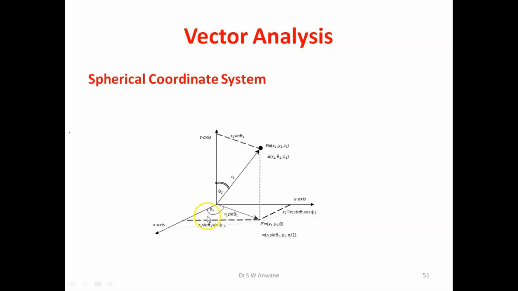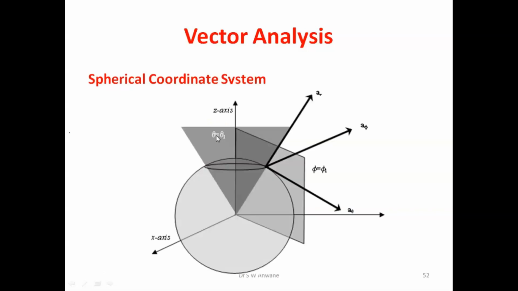The third coordinate phi 1 has the same definition that we considered in the polar coordinate system, but when we consider the three-dimensional version, like in the cylindrical coordinate system, it represents a plane which is formed by this dotted line, this finely dotted line, again this line and your z axis. So it's an angular plane that makes angle phi 1 with the xz plane.